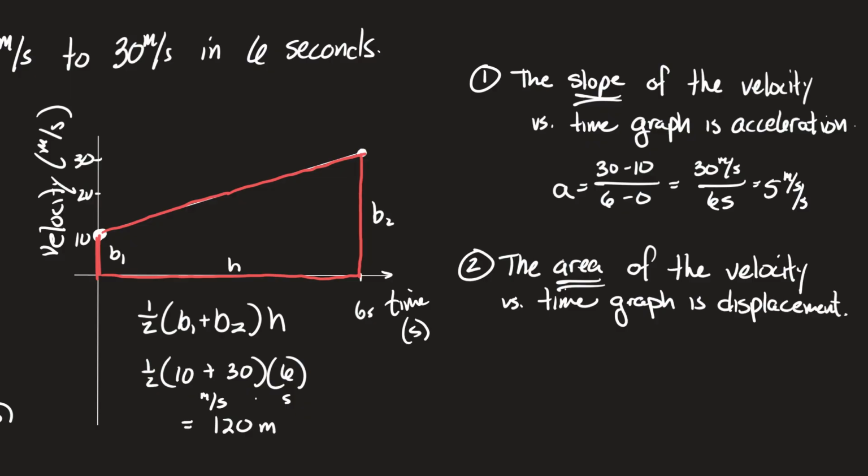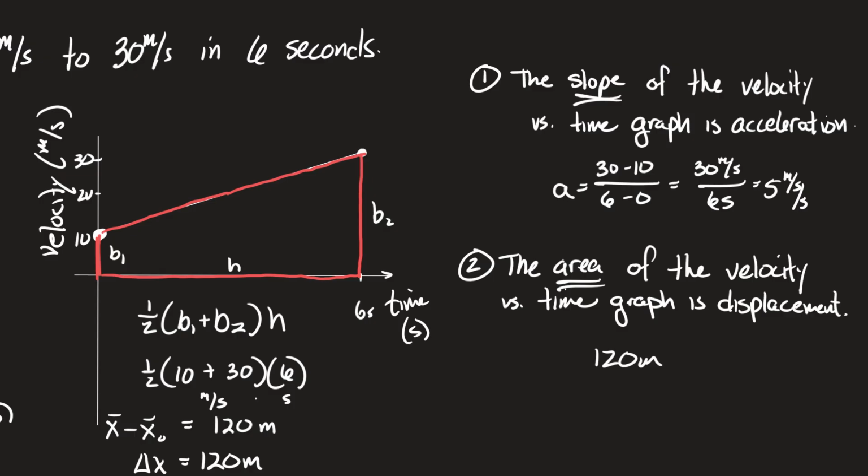This is the displacement, and just a reminder, displacement is change in position. So x minus x naught, change in position, final position minus initial position. In fact, we could write this as delta x if we'd like, 120 meters.